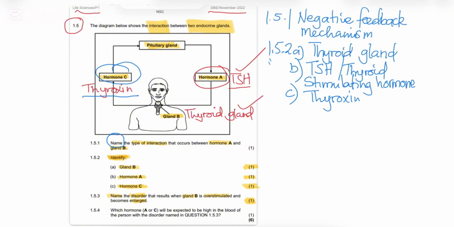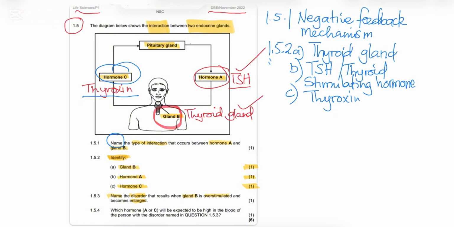Remember, gland B is the thyroid gland. We identified gland B before as the thyroid gland. And when gland B is enlarged, the condition that we get there is called goiter.